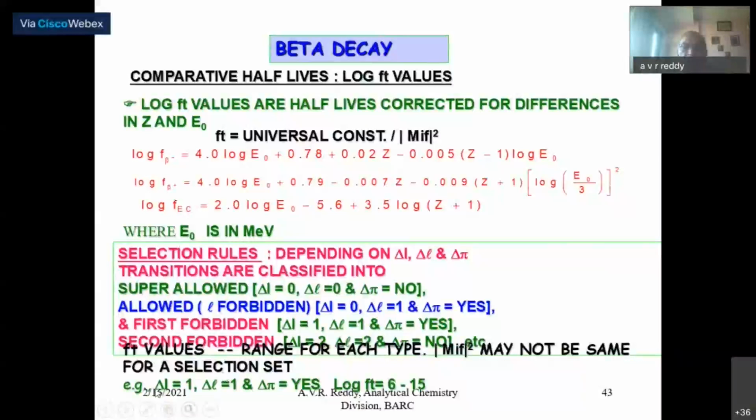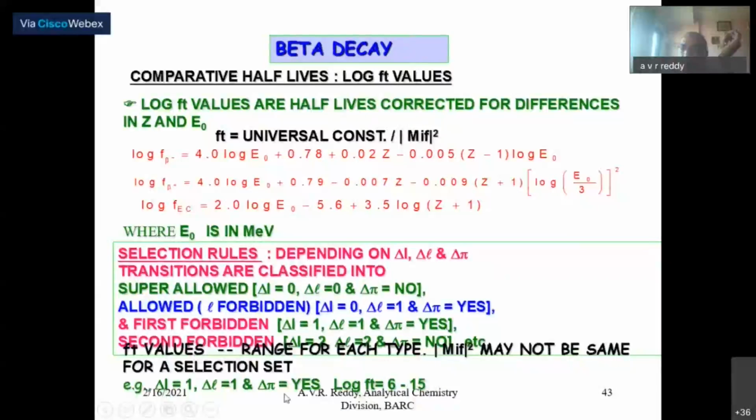I just read this line. Depending on these values, the log ft value range also we can see. For each transition, we know what is the expected range. There is no fine demarcation. 6 to 15 we can call as this part. Delta I is equal to 1, delta L is equal to 1, delta pi is equal to yes, right?